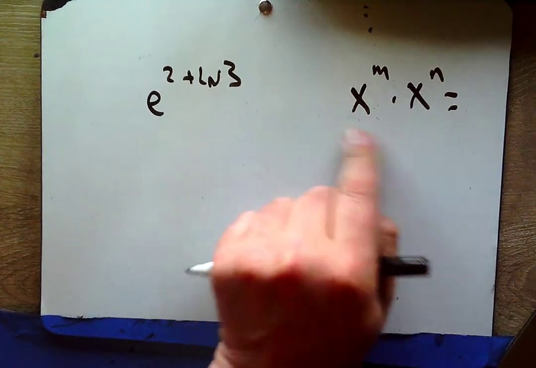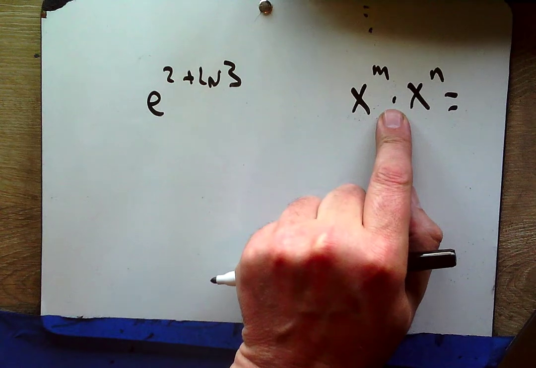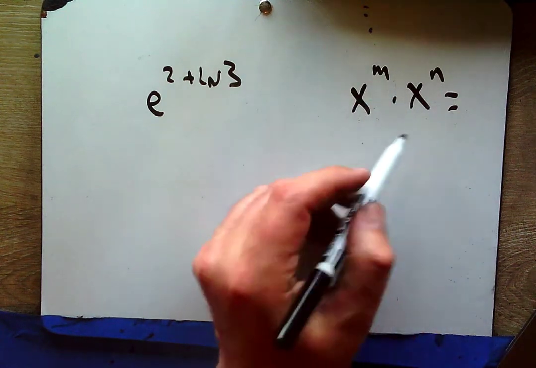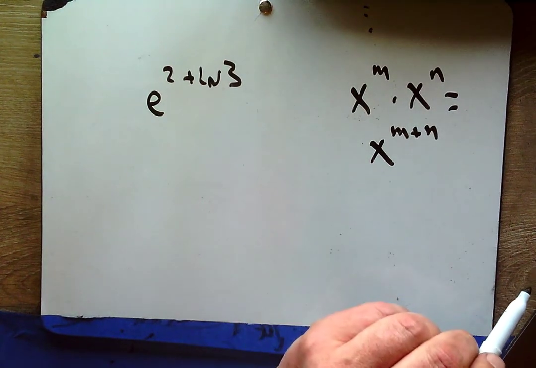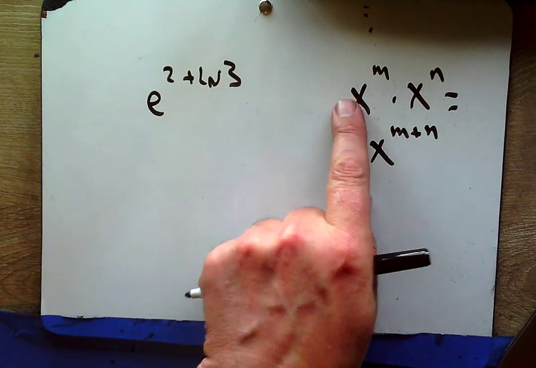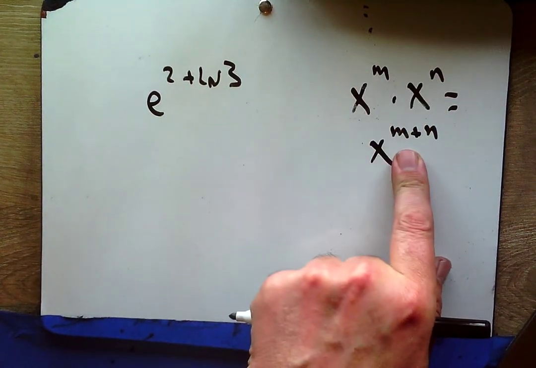What was that equal to? What could we do here when the bases are the same and I'm multiplying? That's right. I can add those exponents. So, if the bases are the same and I'm multiplying, I can add those exponents and rewrite the expression this way.